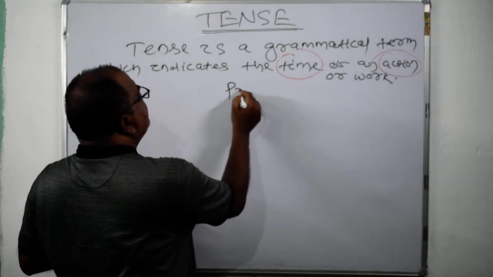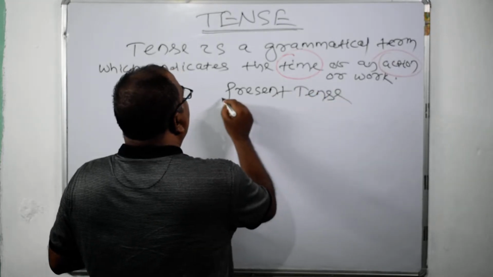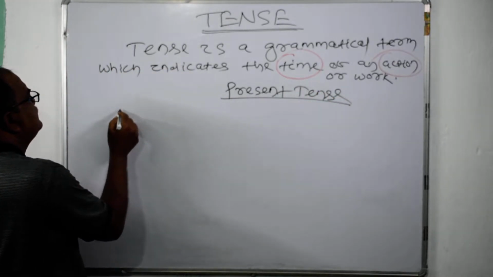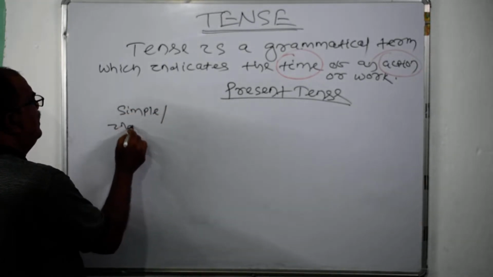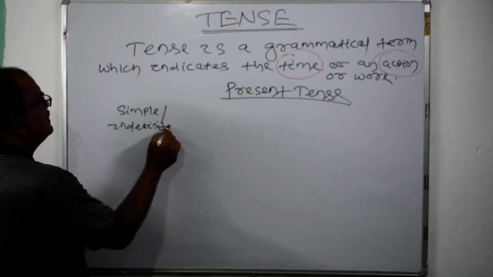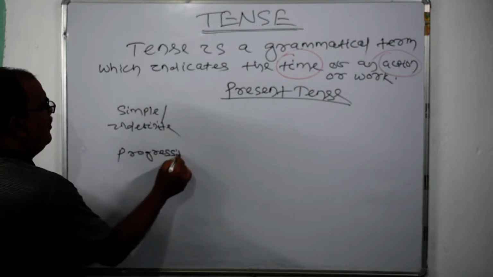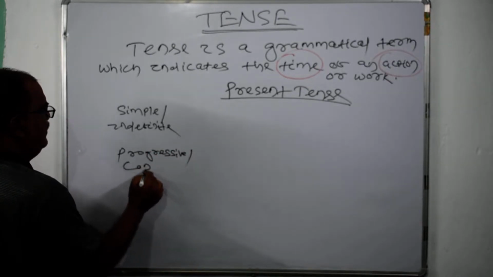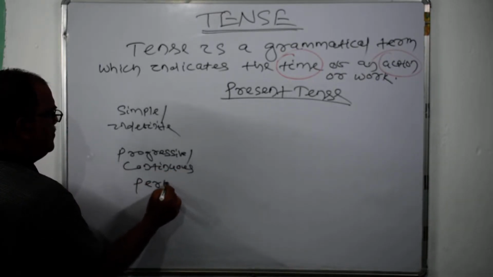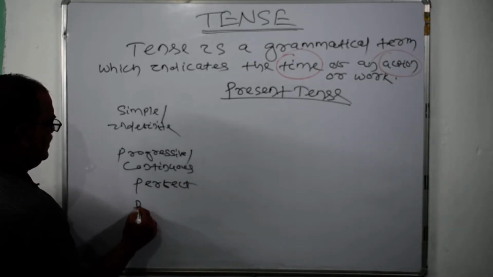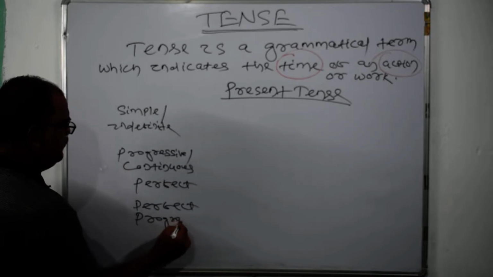Present tense. Present tense has four forms: simple or indefinite, progressive or continuous, perfect, and perfect progressive.